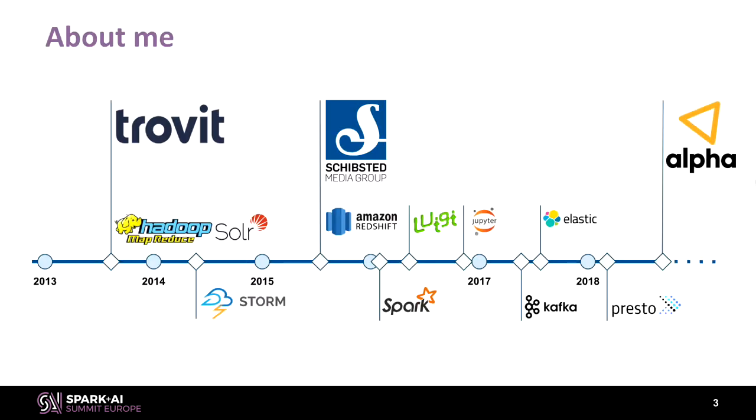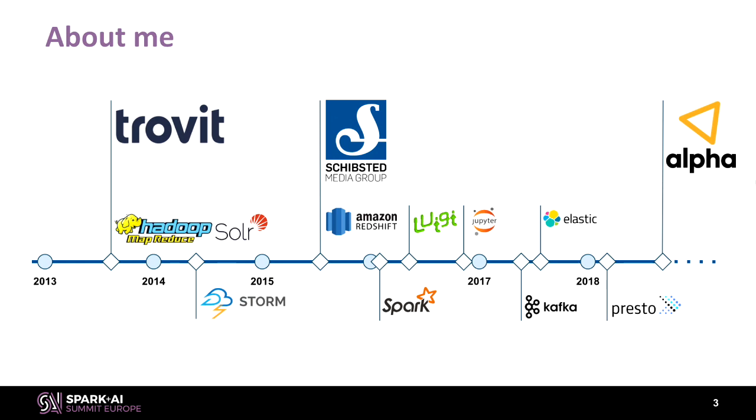I would like to introduce myself. I started my data journey about 5 years ago at Trovit, a search engine company with marketplaces based in Barcelona. I was working with the first versions of MapReduce, then with Solr and Storm.